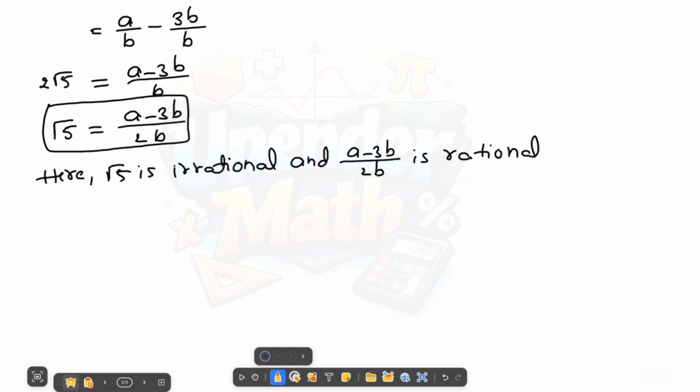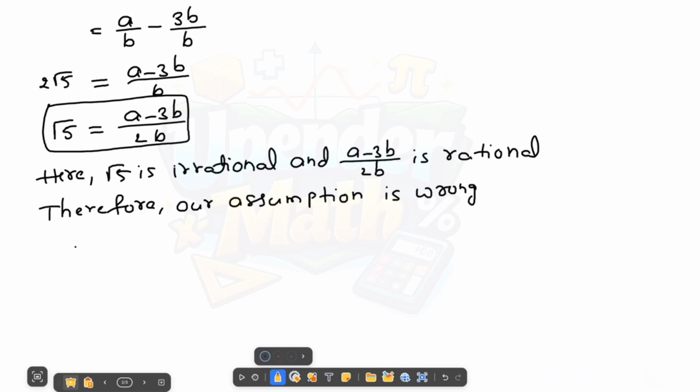An irrational number should not be equal to a rational number. Therefore our assumption is wrong. Therefore 3 plus 2 root 5 is not a rational number, it is an irrational number.